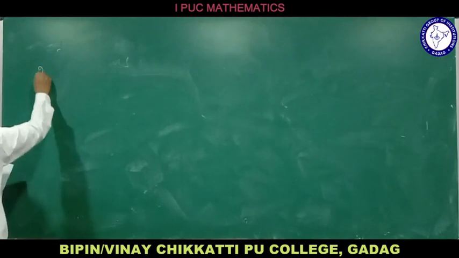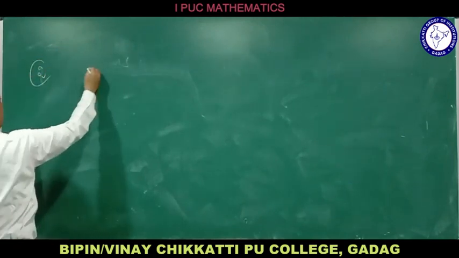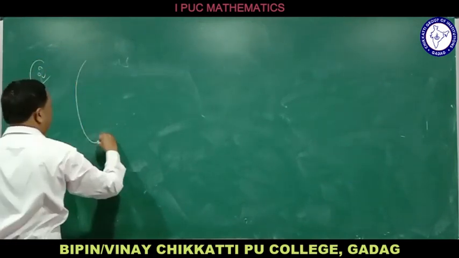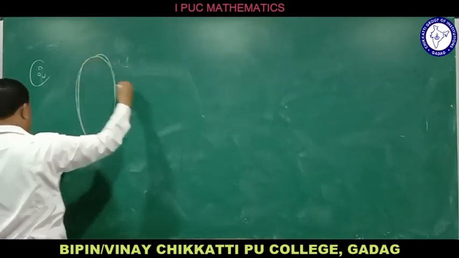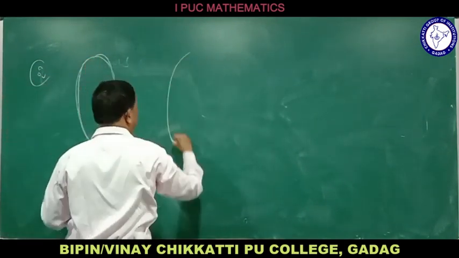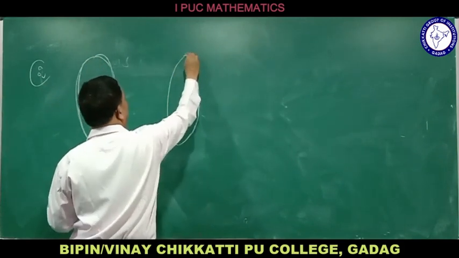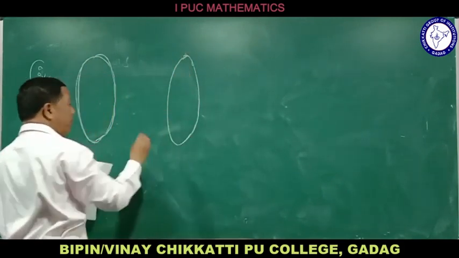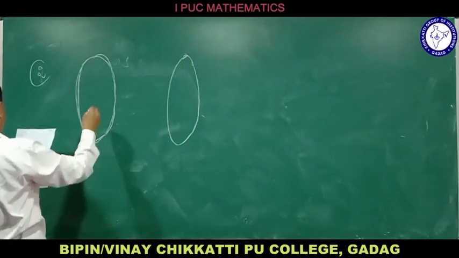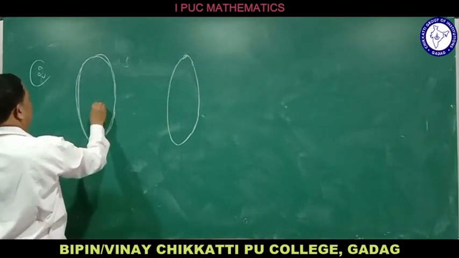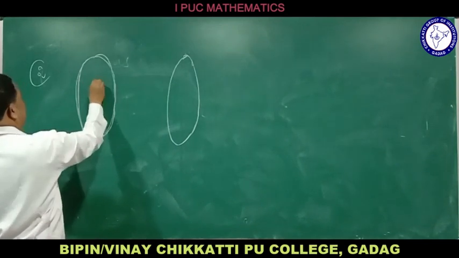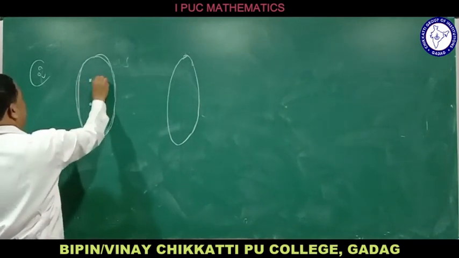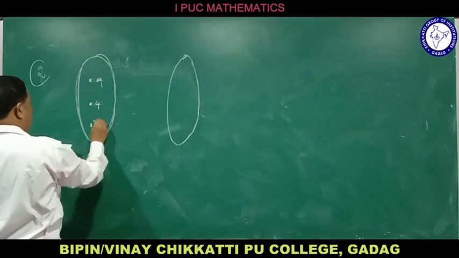See this, a very interesting problem. This diagram is given. Look at this, one diagram is given. This is one set, and this is another set. See, I am writing the problem, not the answer. Here you see this is 4 and this is 9 and this is 25.